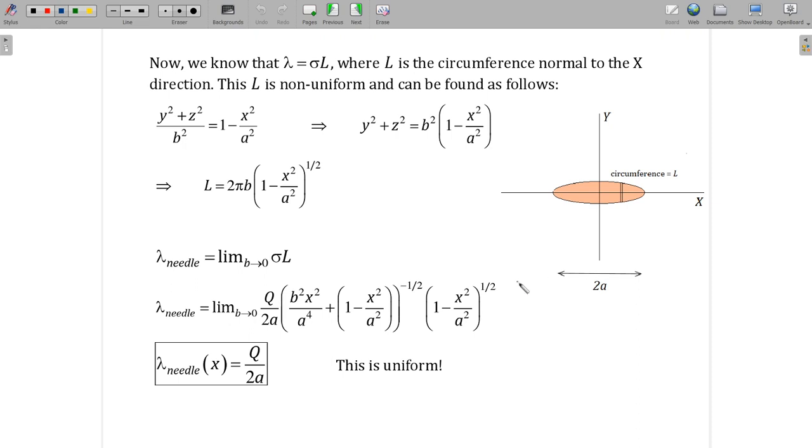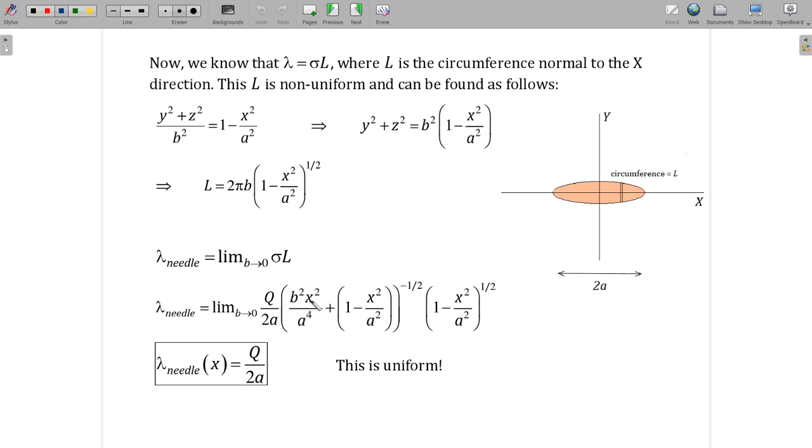So this is the lambda if b is not 0, if b is finite, if b has a particular value. But as we make b go to 0, it turns into a needle. This is still an ellipsoid, but if b becomes extremely small, it becomes a needle.